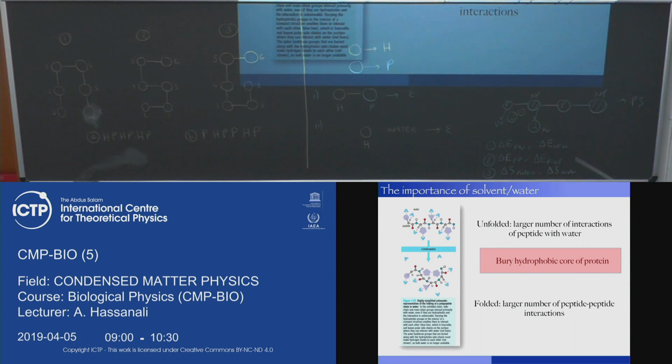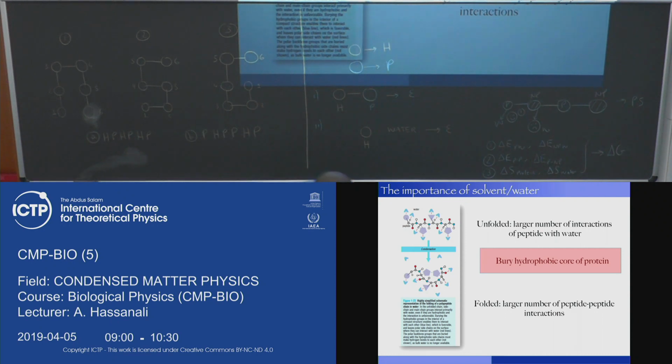All these three factors are going to go into the delta G. So I need to know somehow all these different things.